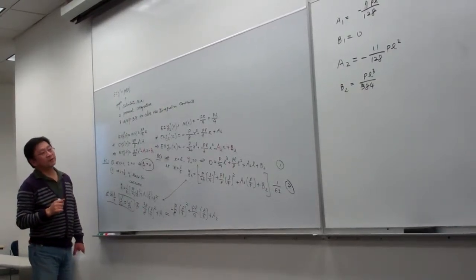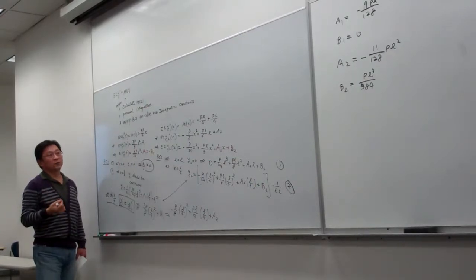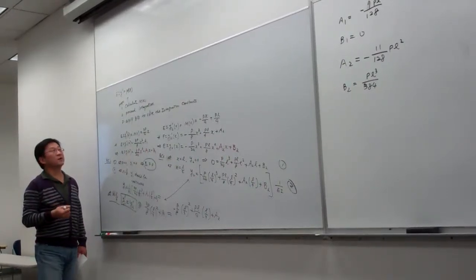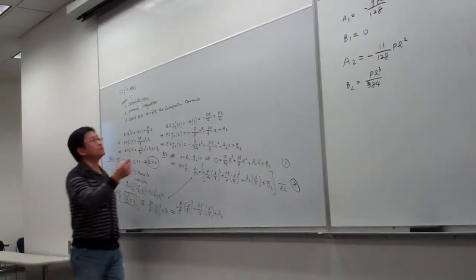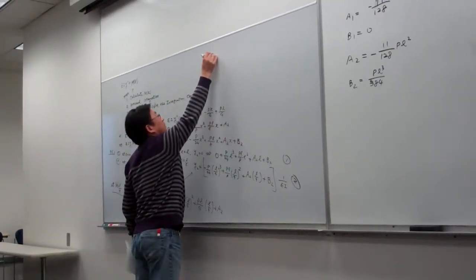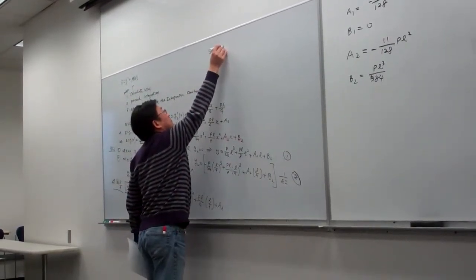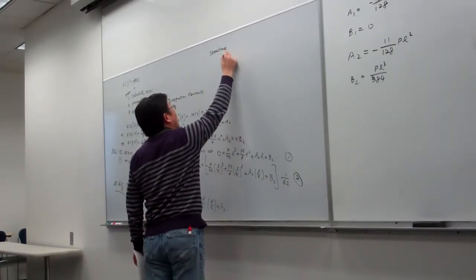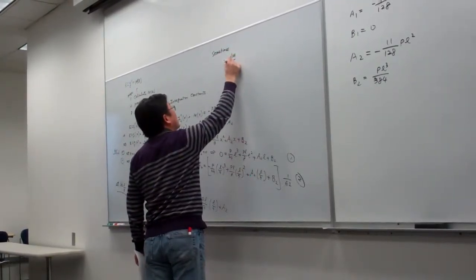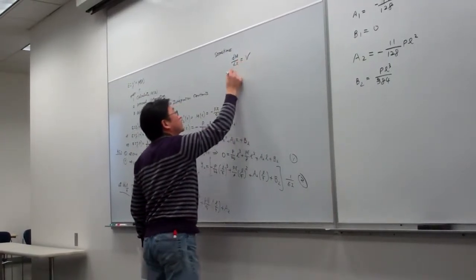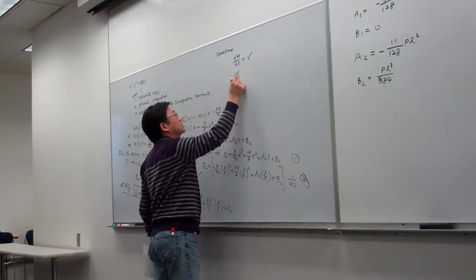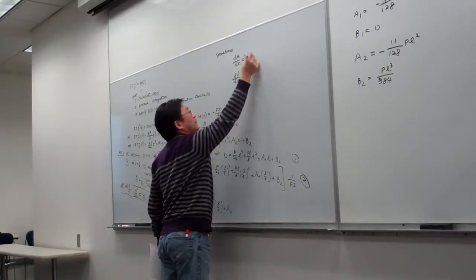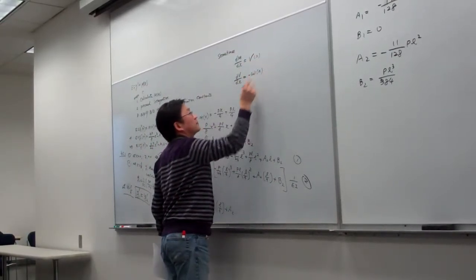And here I want to give you a different approach, which sometimes will be convenient. We know that dM/dx equals V, and dV/dx equals minus w.